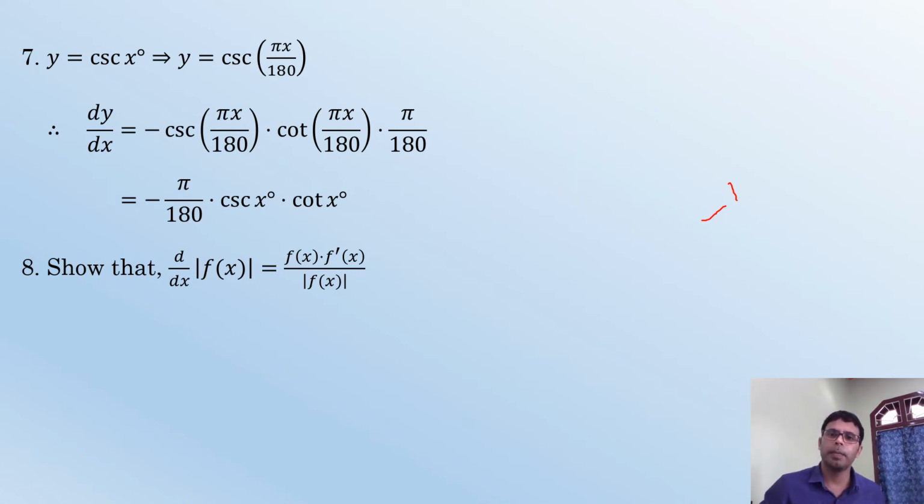I am not writing here f(x) not equal to 0, but you know that mod of f(x) is not differentiable when f(x) is equal to 0. That is a different topic actually. So d/dx of mod f(x) is obtained by this formula, and f(x) can be any function. So you prove it.